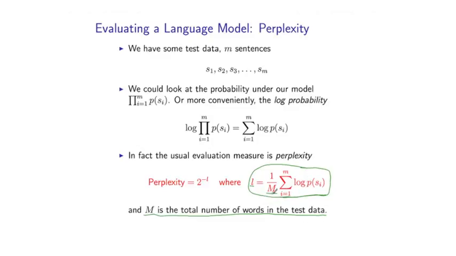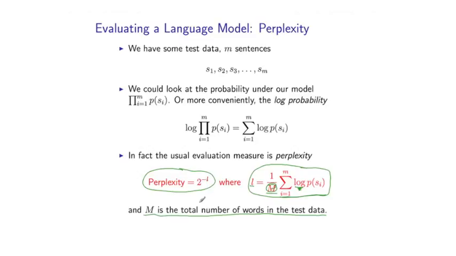So it, in some sense, is now stable with respect to the length of the test examples. This log, by the way, is going to be defined as log base 2. And the perplexity is now defined as 2 to the minus L. So I take this log probability, I divide by the number of words, and then I raise 2 to the minus L.